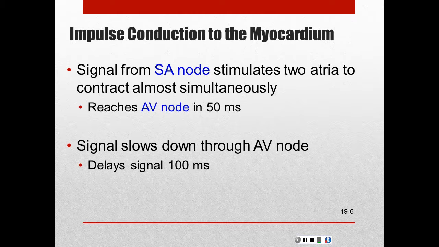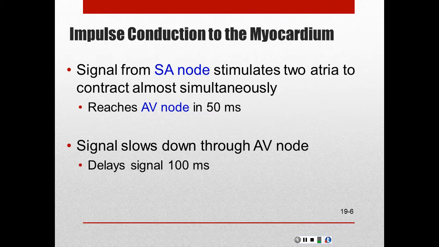That's going to start squeezing and pushing that blood down towards the ventricles. Now the signal travels at 1 meter per second through the atrial myocardium, and it reaches the AV node in about 50 milliseconds.